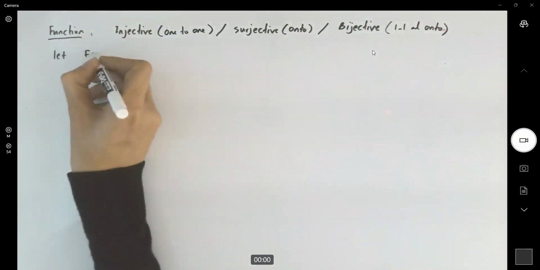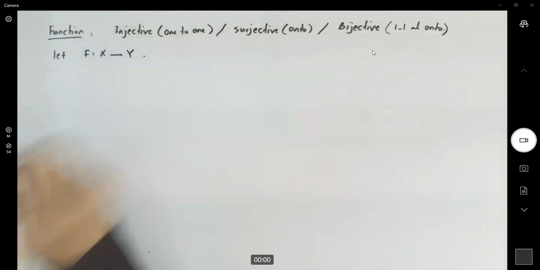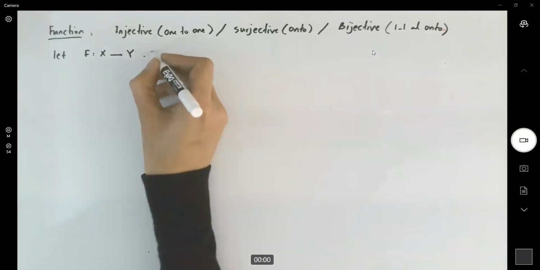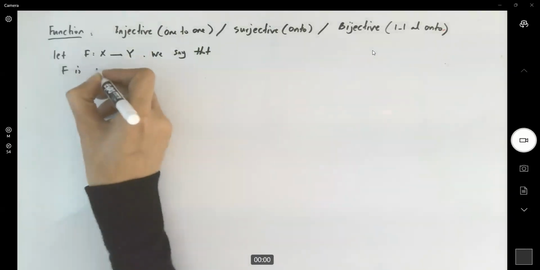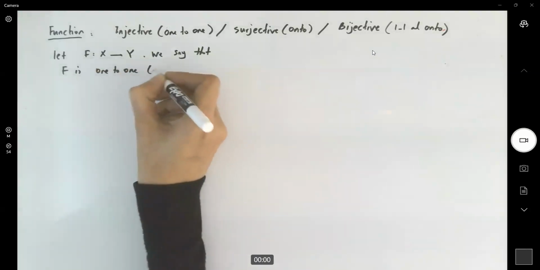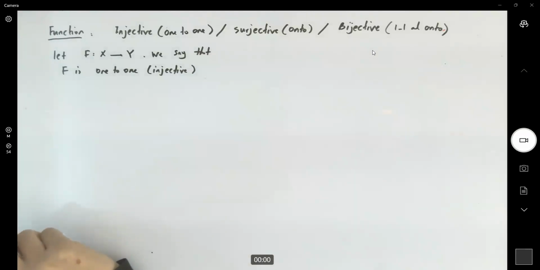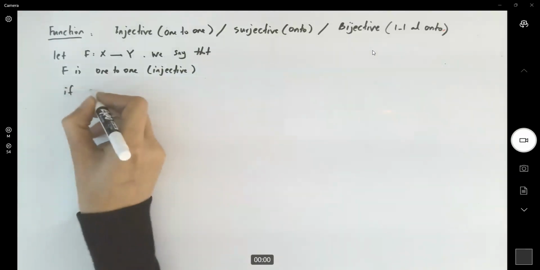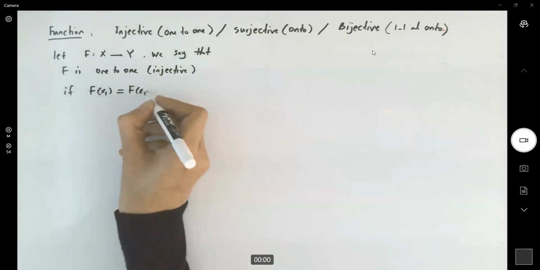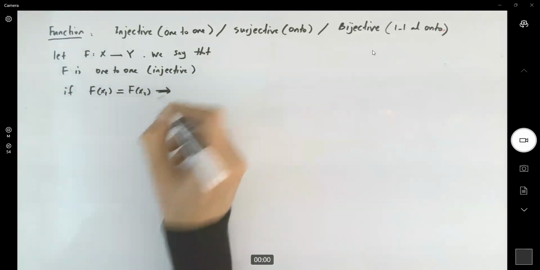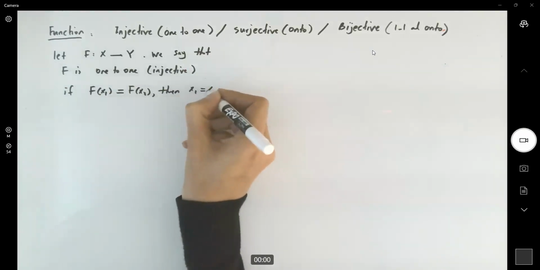Let f map x to y. We say that f is one-to-one or injective if it passes the horizontal line test. If f of x1 is equal to f of x2, then you can conclude that x1 is equal to x2.